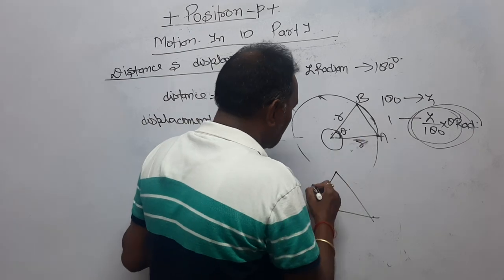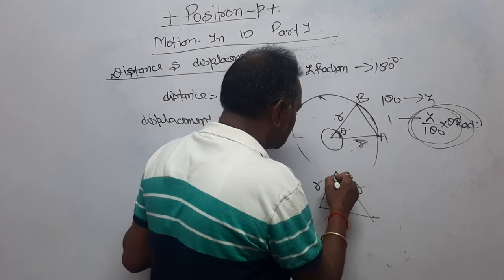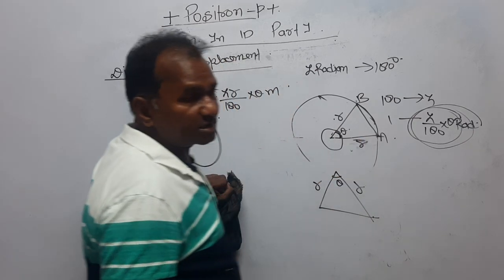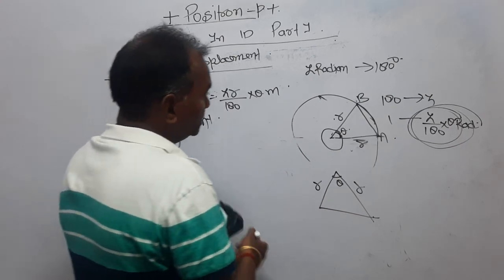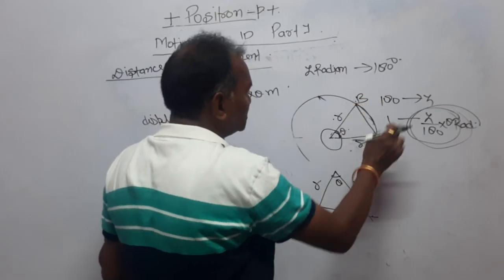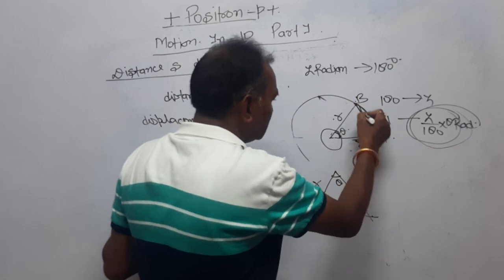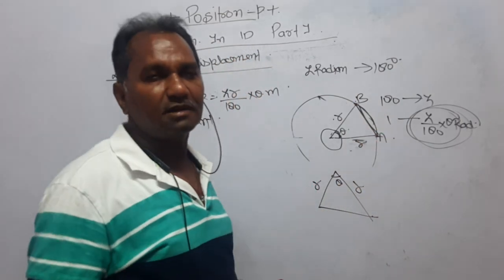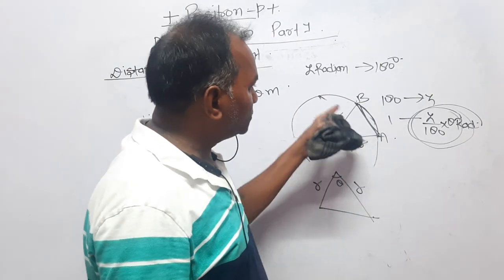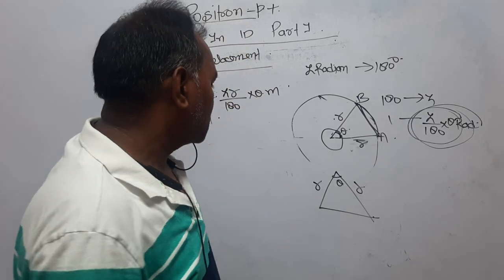This is r, this is r, and this angle is theta. It is an isosceles triangle. This is the displacement between A and B. You have to find out the value of this chord, this chord AB, right?